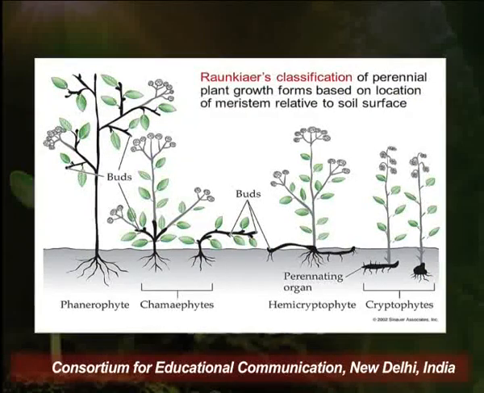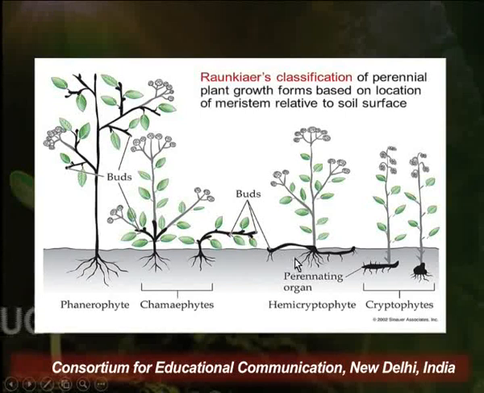Now this slide shows Raunkiaer's classification of perennial plant growth forms, which are based on the location of the meristem relative to the soil surface. As I already discussed, these are the phanerophytes, which are taller trees and the buds are away from the soil surface. Here, these are the chamaephytes which have buds closer to the soil surface.